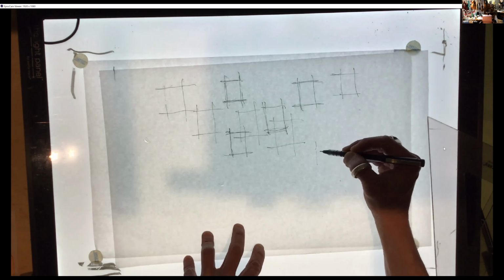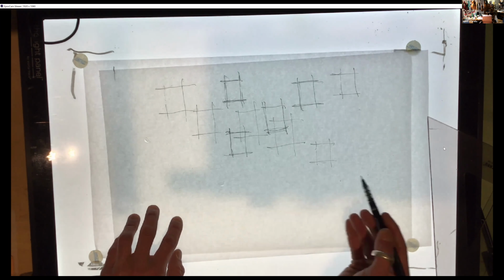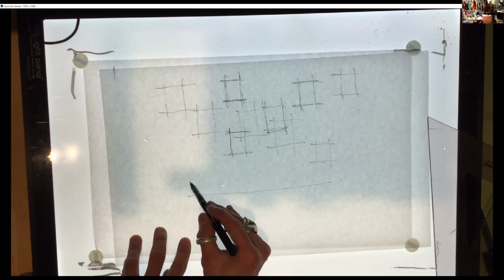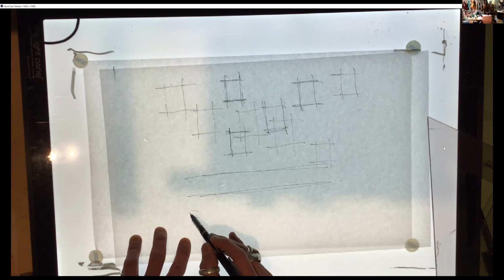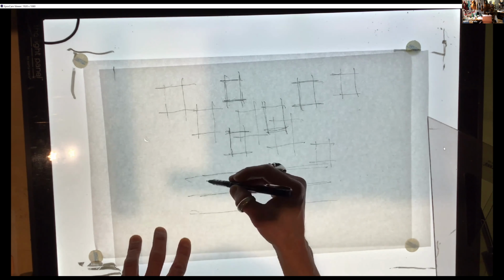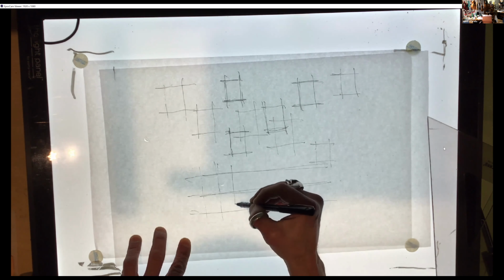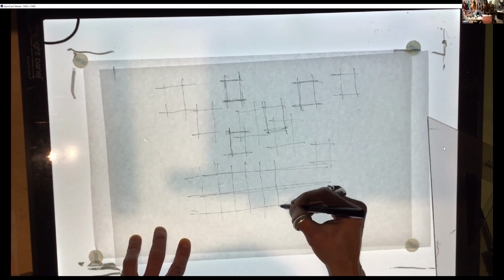So all I'm doing here is getting comfortable that I can make some rectangles that are proportionately similar. Then you want to lay out some lines and start to create that grid.